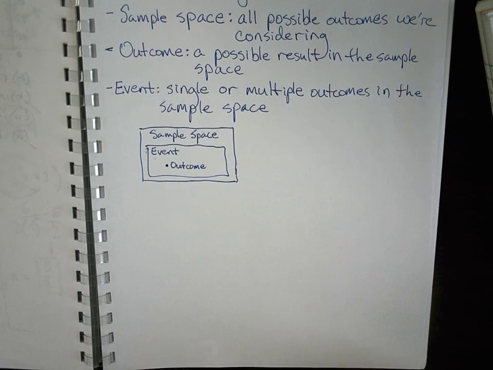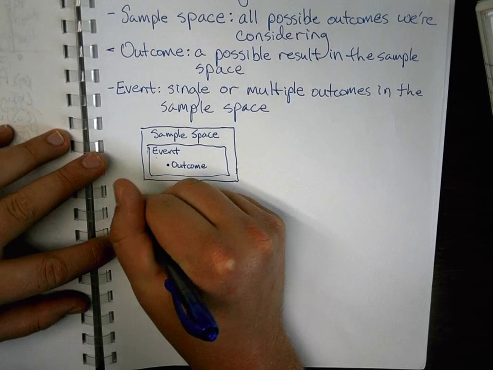So the first, as the title suggests, is theoretical probability.